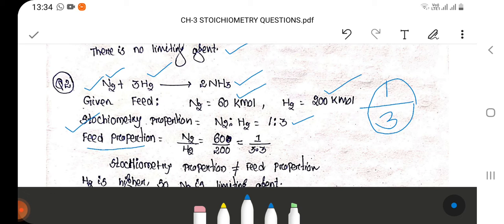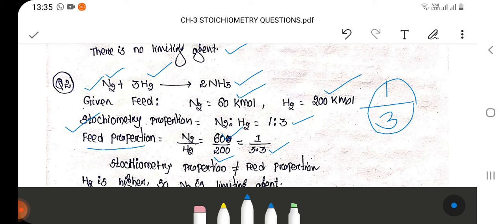Now the feed proportion of nitrogen to hydrogen: nitrogen is given 60 whereas hydrogen is given 200. So dividing 60 in the upper and lower, we get 1 divided by 3.3. Now we have to compare the stoichiometric proportion and feed proportion.